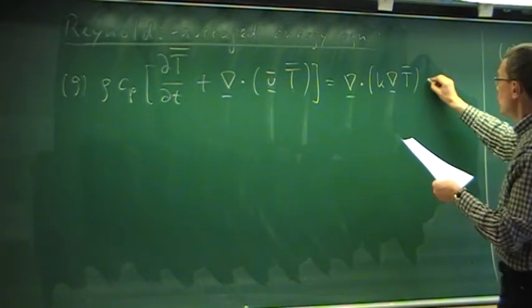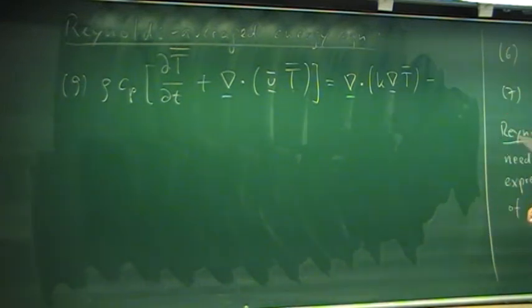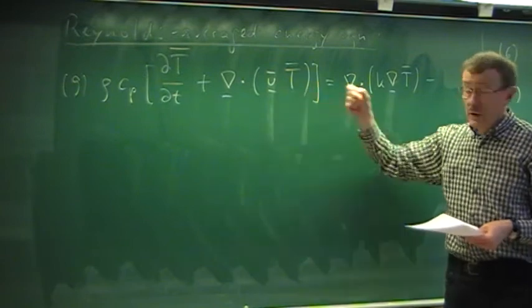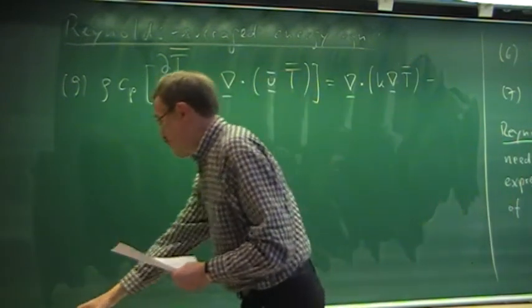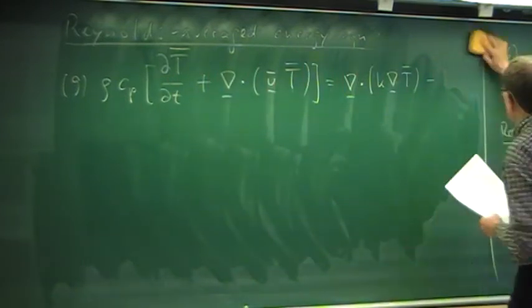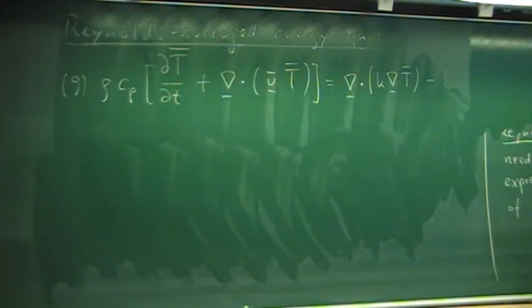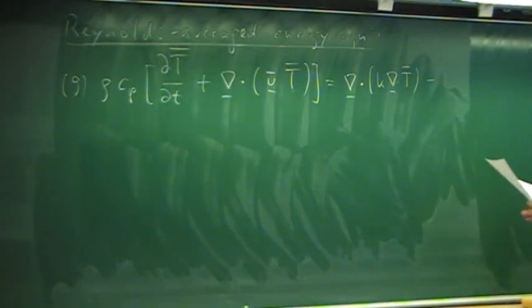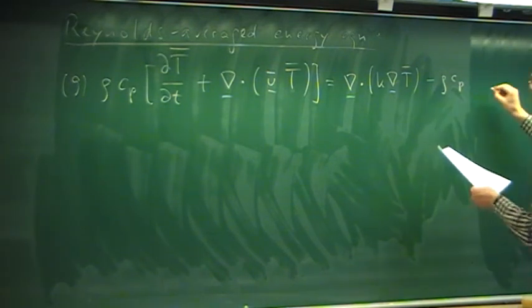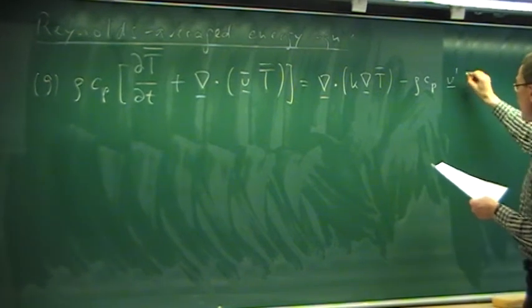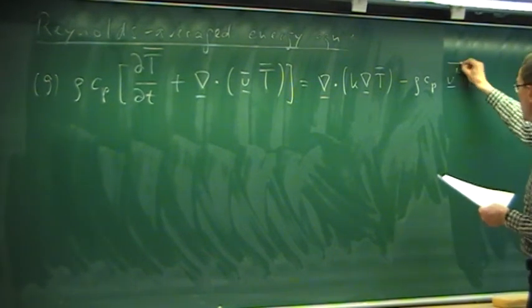So, and now we get this term that I just mentioned that is coming then from the nonlinear term here when we insert the Reynolds ansatz and do the time averaging. And that term is then minus rho Cp, and then as mentioned it's u prime T prime average.